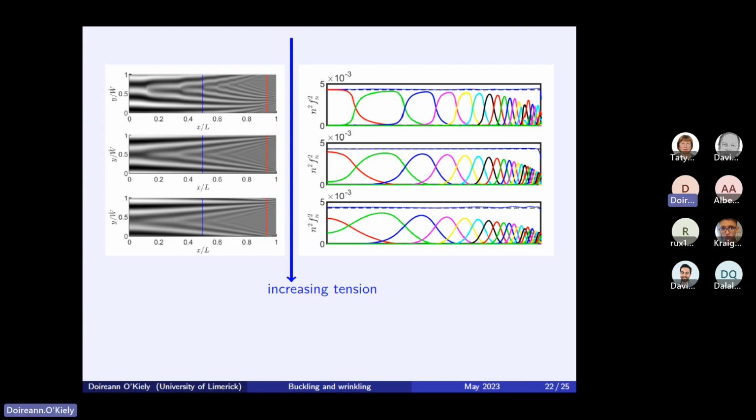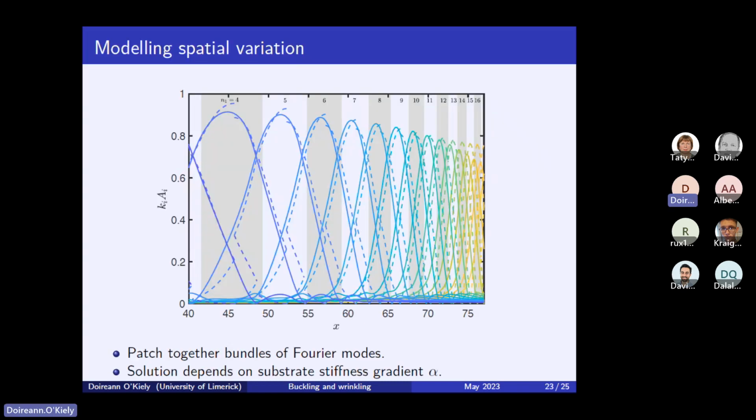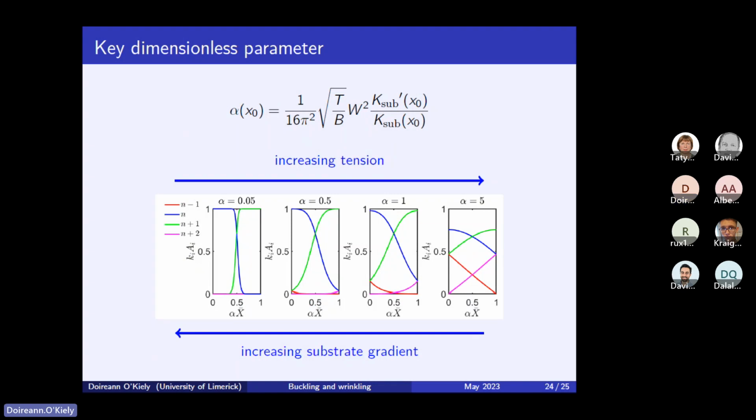Yeah, and there's various bits and pieces that we're doing in this space. But yeah, I guess the kind of interesting thing to say is that there is this special dimensionless number that quantifies the importance of the size of this gradient in substrate stiffness compared to the bendo-capillary length scale, if you want to call it that.